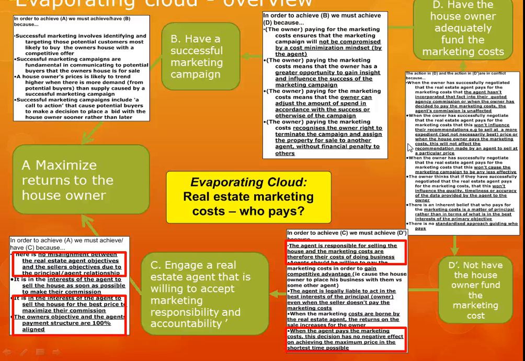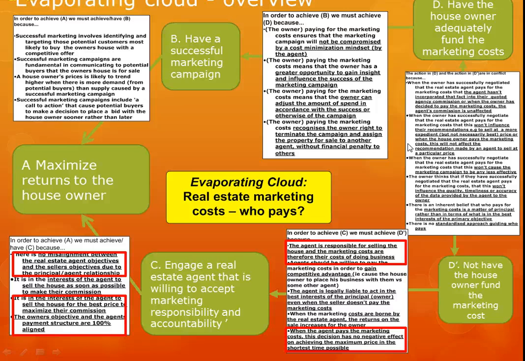But of course, the issue is that the agent is also in business to make profit and make money himself, or herself, and so there will be times where the profit of the agent could be compromised by an increase in the profit that the seller or principal seeks to gain from the house.